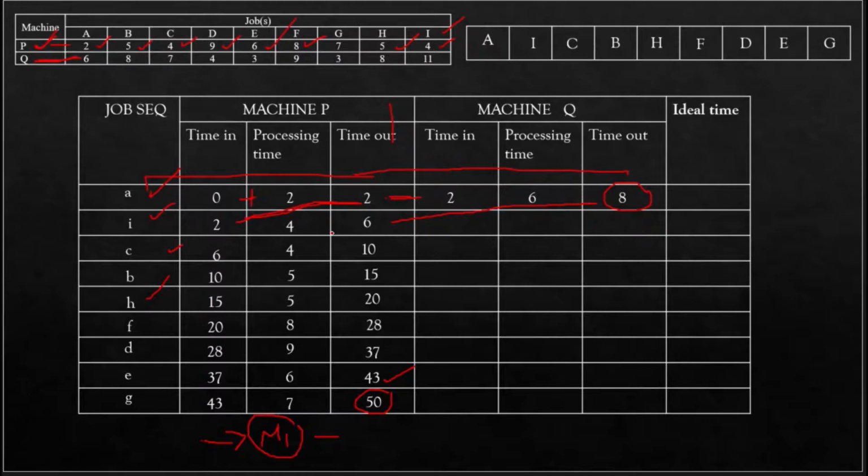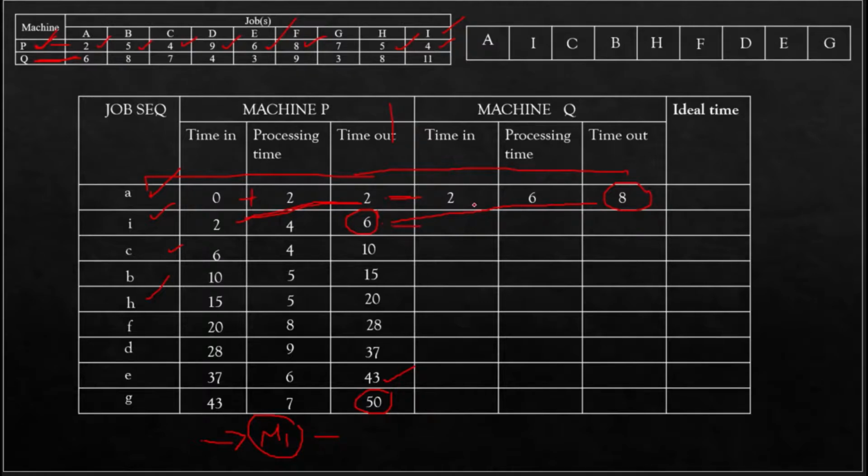Now the next job they want to give as input to machine 2. First we want to compare the machine 2 out time, and you want to consider the maximum one. Why? Because the task was completed at the 6th hour, but in the 6th hour itself we can't give the input.